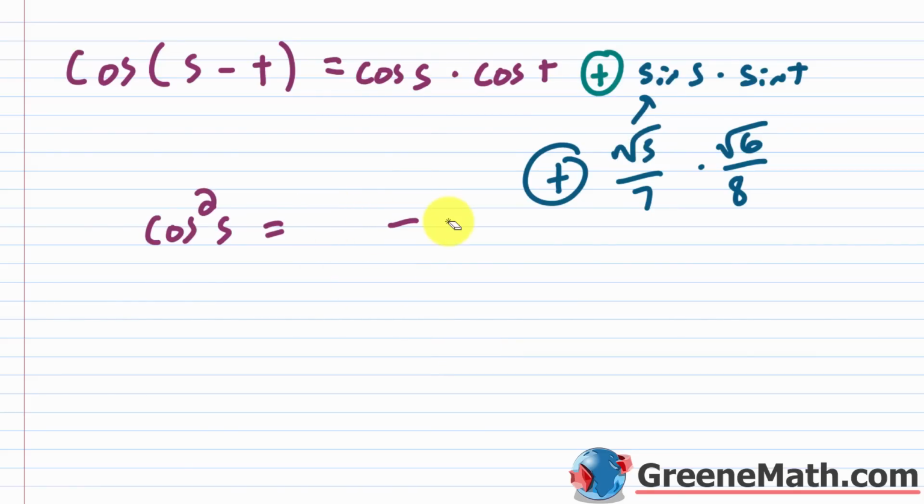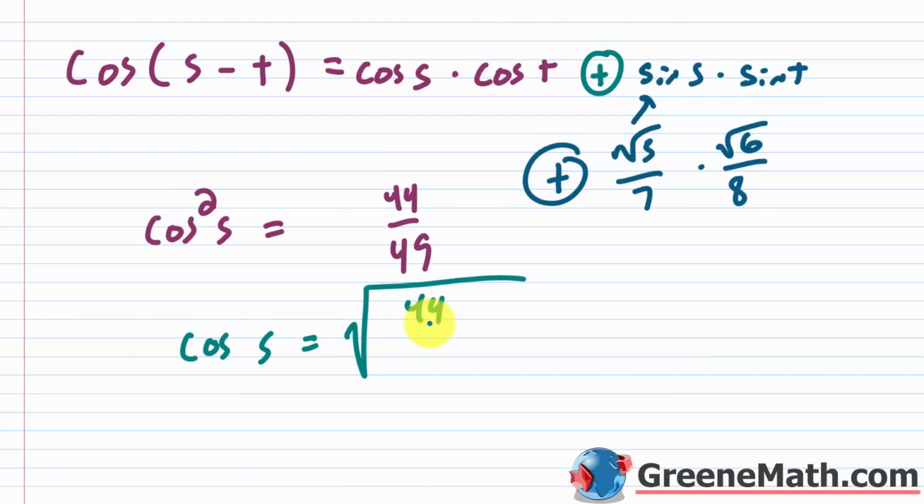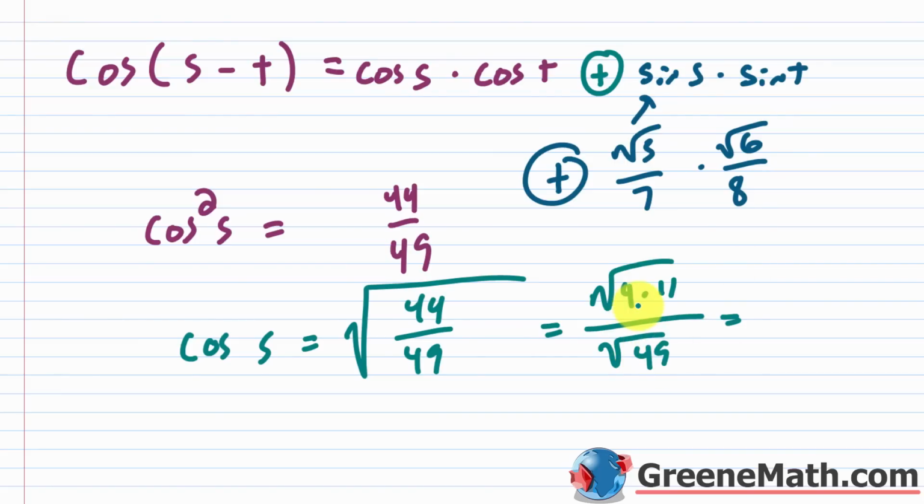So this is 44 over 49. Now again, we're in quadrant 1, so everything's positive. So the cosine of s is the principal square root of 44 over 49, which is the square root of 44. Let's write that as 4 times 11 over the square root of 49. So the square root of 4 is 2. So this is 2 times the square root of 11 over the square root of 49, which is 7. So the cosine of s is 2 times the square root of 11 over 7.